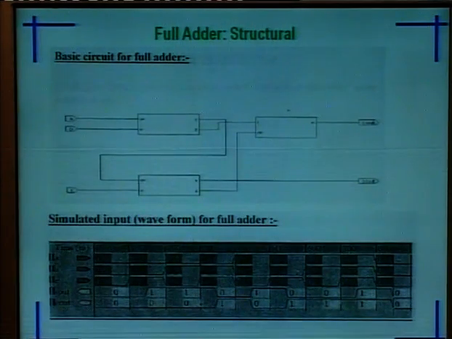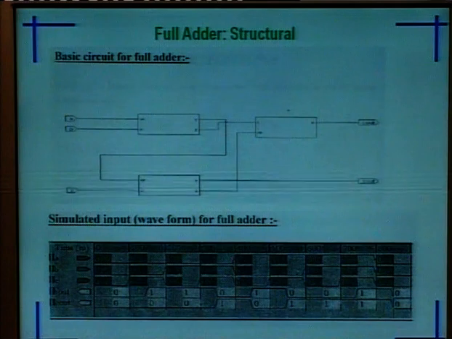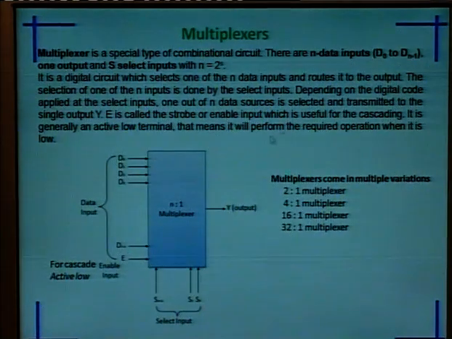Next, after simulating the structural type of code, we will come to this type of basic circuits of full adder and the waveform of the simulator to verify our basic function. Next are the multiplexers, another type of combinational circuit, a special type of combinational circuit.